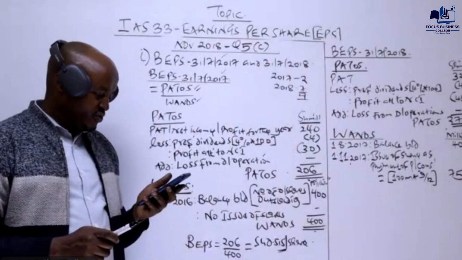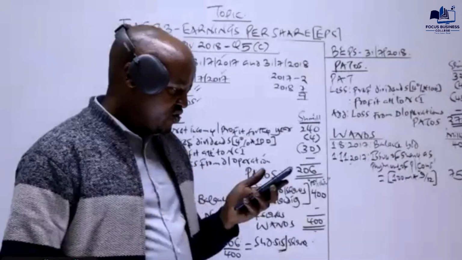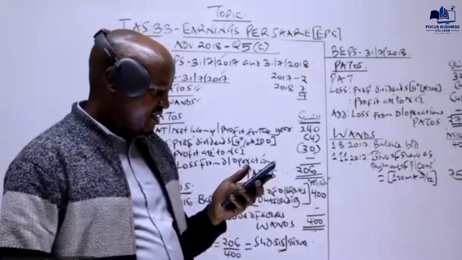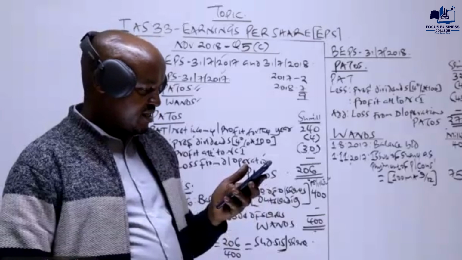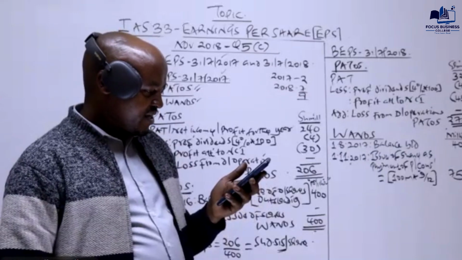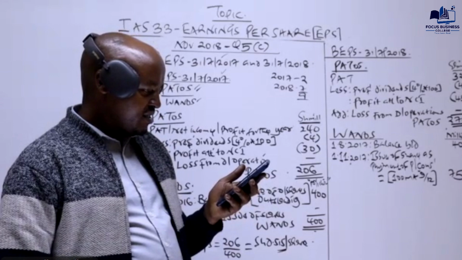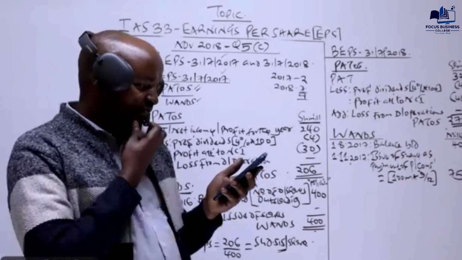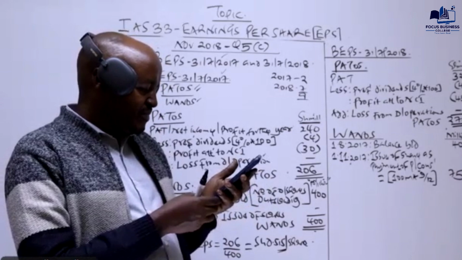Let's go to note number 2. You're told 150 million ordinary shares were issued for cash to the existing shareholders of the company on 1st February 2018. These shares were issued at 1.5 shillings, which represents a discount of 25% of the traded price of shillings 2 per share immediately prior to the issue.